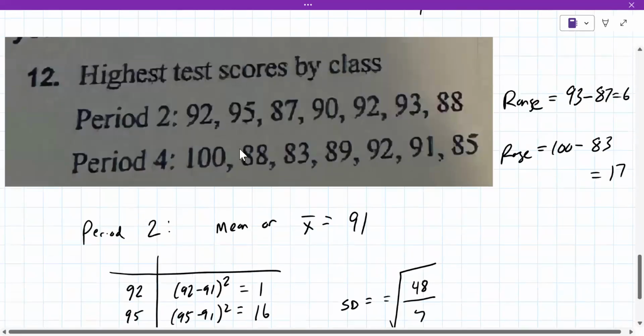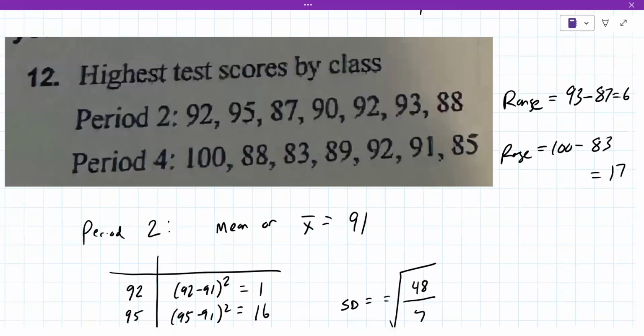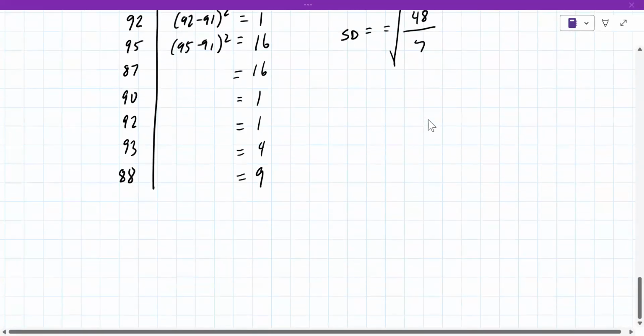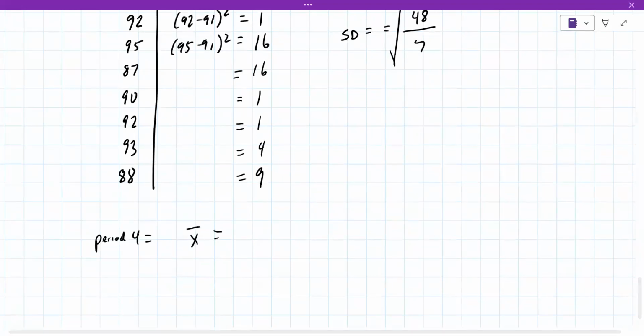Now the mean for period 4 is not as nice. In this case, when you get your mean, I guess we're going to round it to 1 decimal place. Let me know what you've got for that.